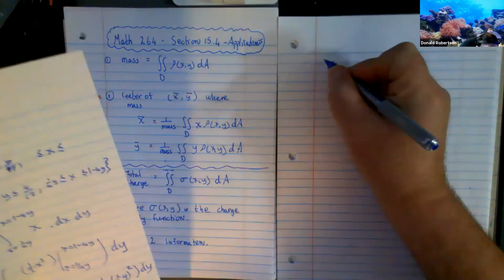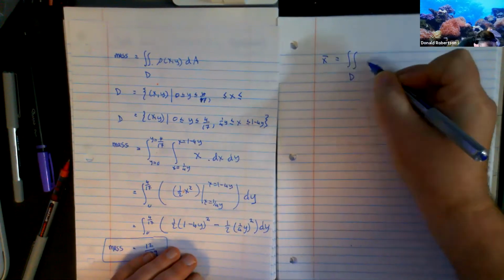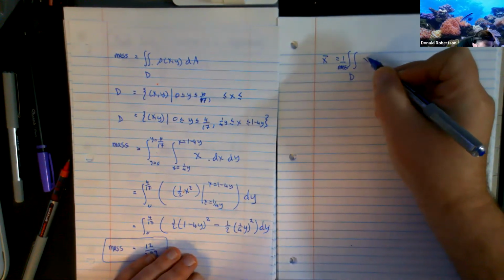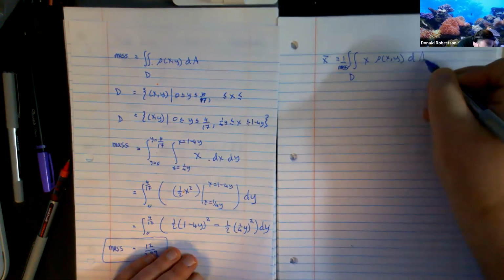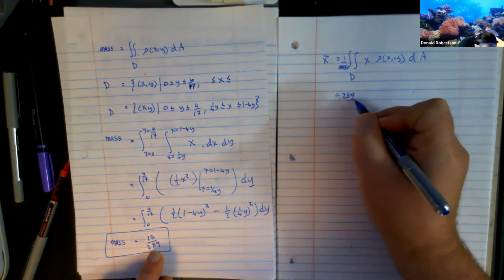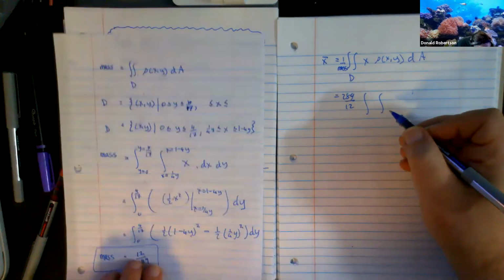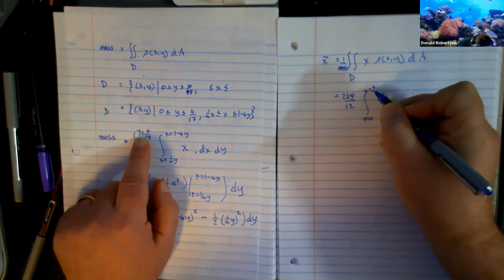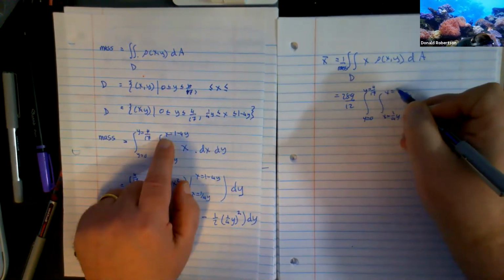So here goes. X bar is 1 over the mass times the double integral over D of x times the density function, dA. But the mass is this, so if you turn it upside down, you get 289/12. The limits of integration are the same all the way through: 0 to 4/17, and 1/4 y to 1 minus 4y.